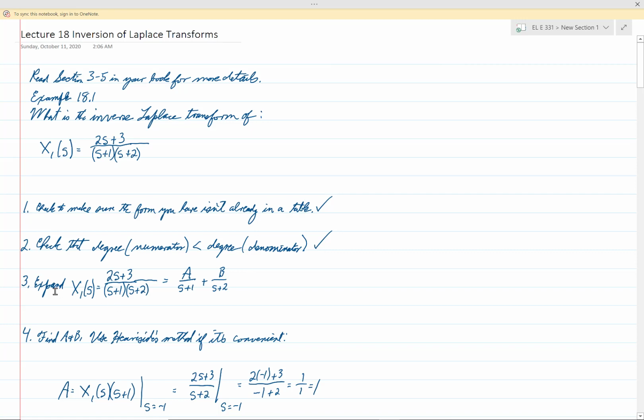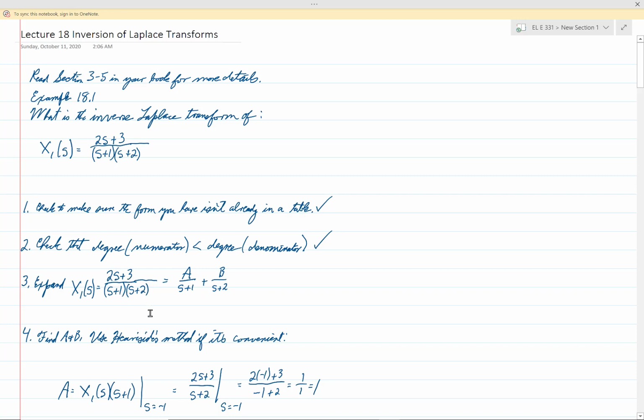Okay, now the third step, and some people call this method the method of partial fraction expansions, and the reason is because of this third step. This is sort of the key step, where you take what you have and expand it in terms of fractions that look like entries in the table.